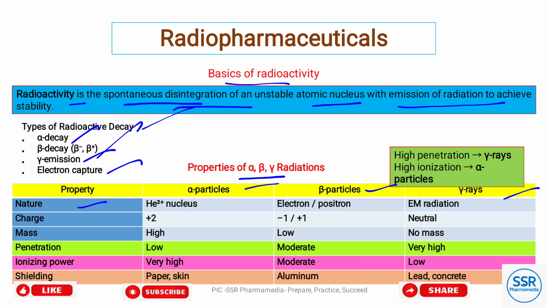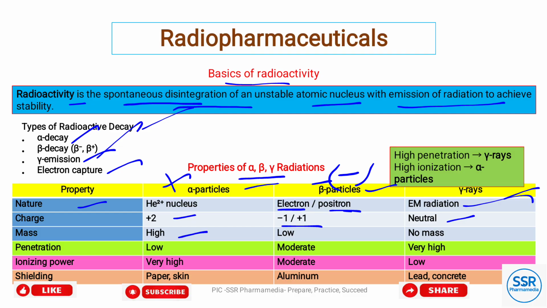Alpha is a helium (He2+) nucleus. Beta consists of electrons or positrons, and gamma is electromagnetic radiation. In terms of charge, alpha has a plus 2 charge, beta has both minus and plus charges, and gamma is always neutral. So alpha is positively charged, beta is negatively charged, and gamma is neutral.